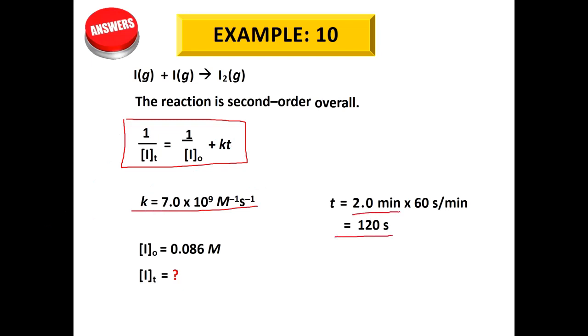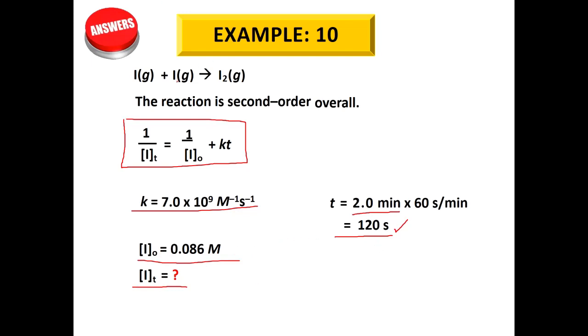You have to convert it to seconds, which will be 120 seconds. Given also the initial iodine concentration is 0.086, what is the value of the iodine at the particular time, 120 seconds?